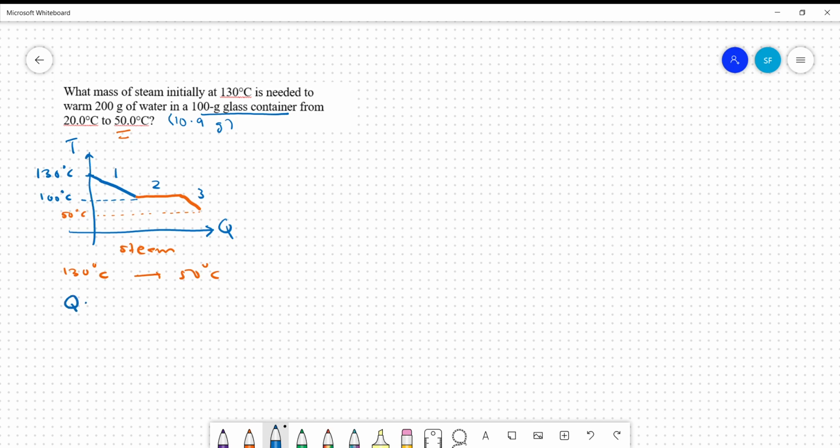The energy required to decrease the temperature of steam from 130 to 100 degrees Celsius is mc delta T. Here we have the mass of the steam, the one that we are going to find out, and c for the steam, and delta T. Delta T is 100 minus 130, final temperature minus initial temperature.